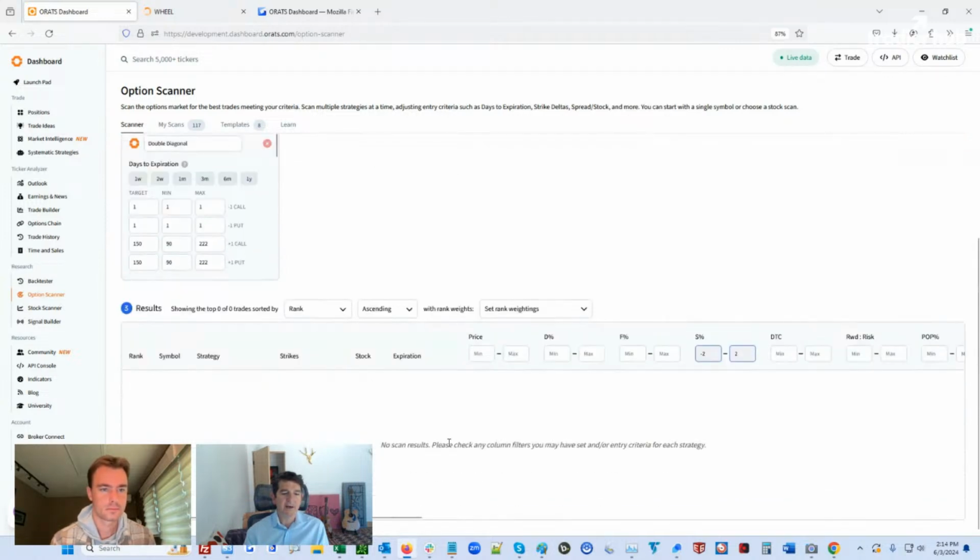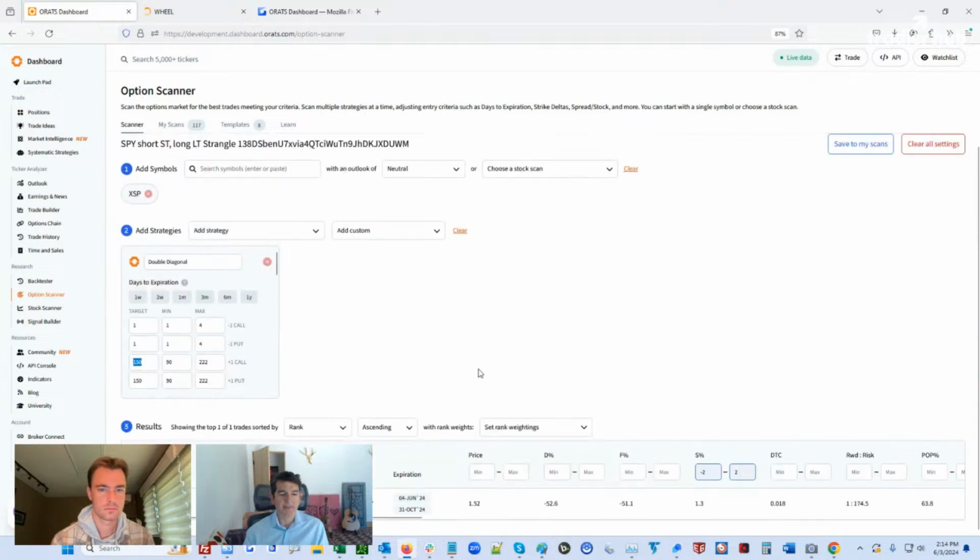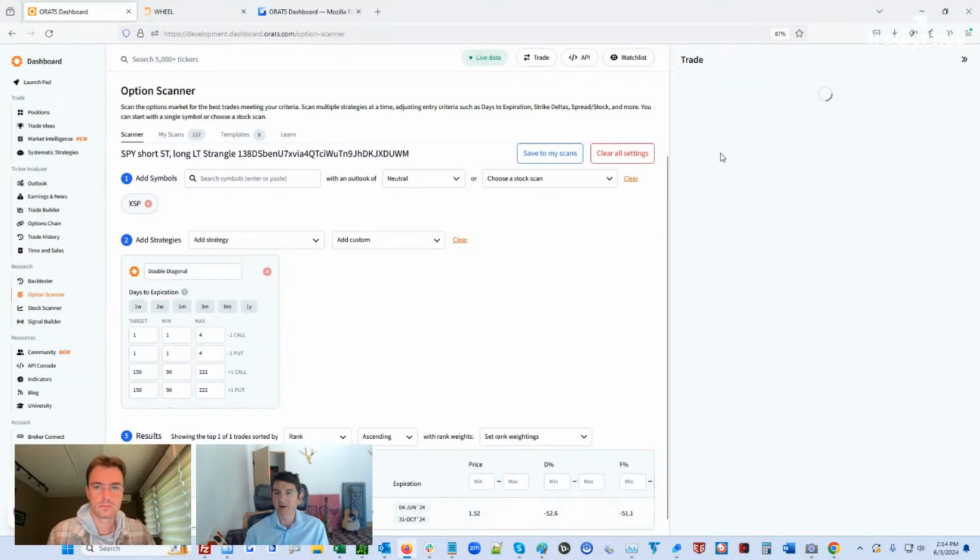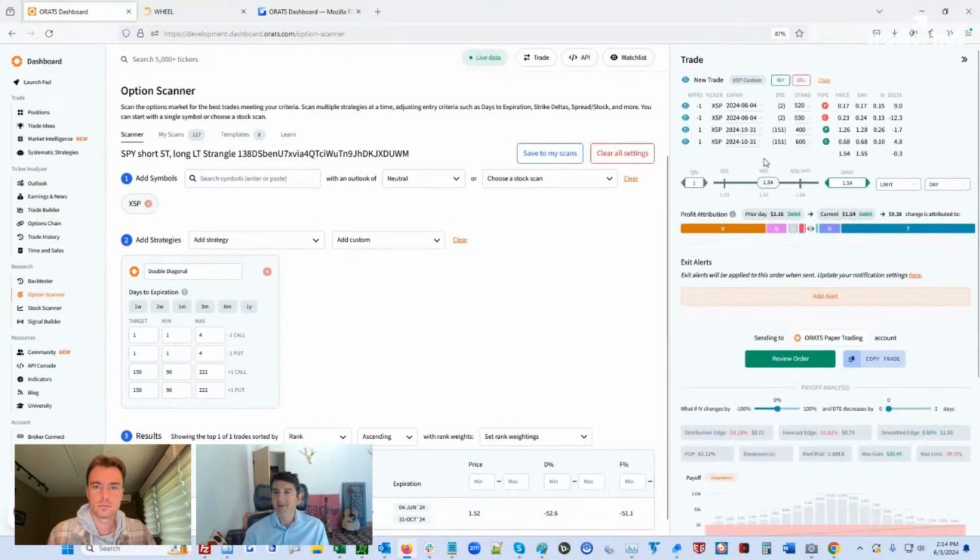So we're not finding any right now because I have a very tight max here. So let's put 4 days. So this will be our double diagonal for today. Let's just see what it looks like. So you're selling this, expiring tomorrow, 520s, 530s.